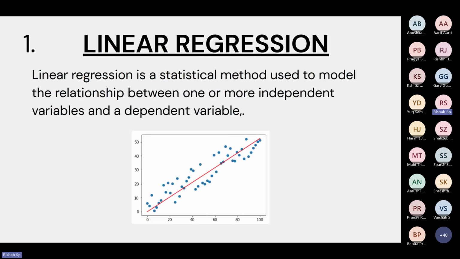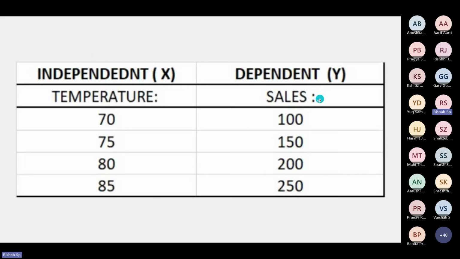Linear regression is a statistical method used to model the relationship between one or more independent variables and the dependent variable. Simply, there is a dependent variable, right? End of the day, he wants to know what his sales will be. Independent variables are the factors. Temperature is a factor. Whether it's a rainy day or a hot day is a factor.